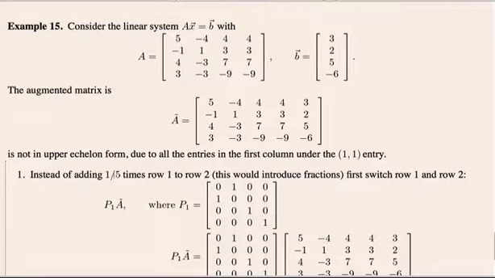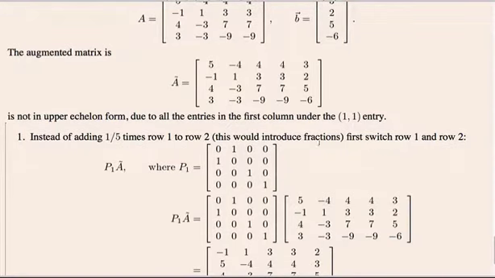But the problem is, if you start adding 1/5 of row 1, this is fine that you have 1 added to -1, but here you get -4/5, because the whole row 1 has to be multiplied by 1/5. So you would be adding -4/5 to 1, and then the result is what? The result is 1/5. So you immediately get fractions.